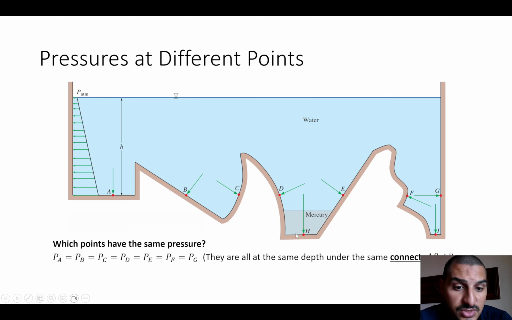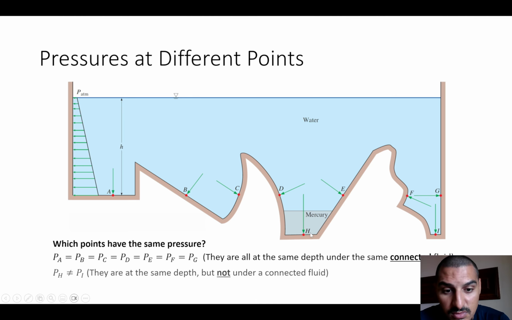However, for points H and I, they are at the same depth, but it's different fluids. There is mercury here, so the pressure here is not going to be the same as the pressure here because it's not the same fluid. So this is a very good example to have a visual understanding of the height and how it affects the pressure, and it has to be in the same fluid to say that it's the same pressure.